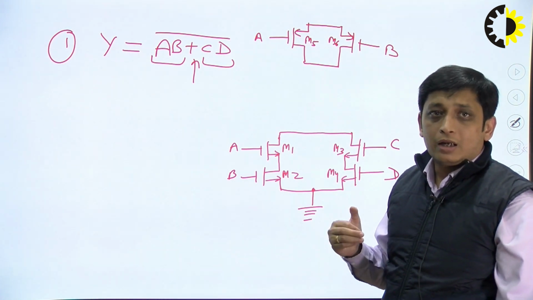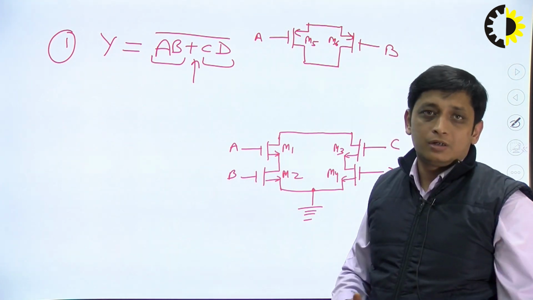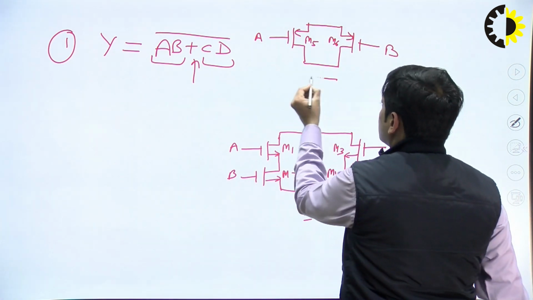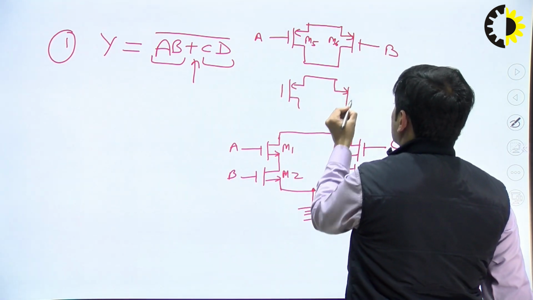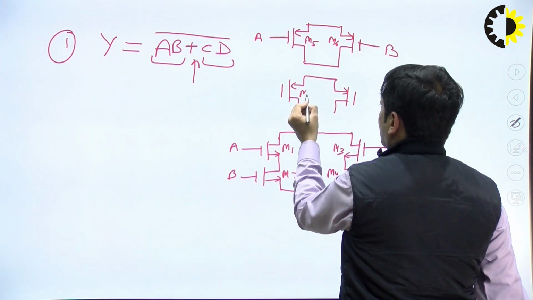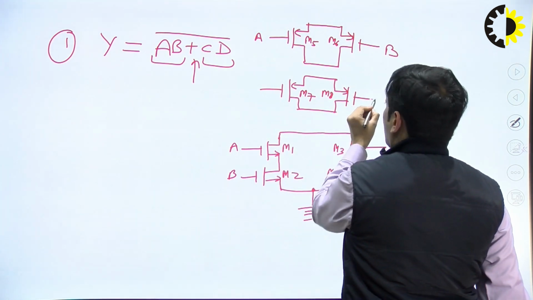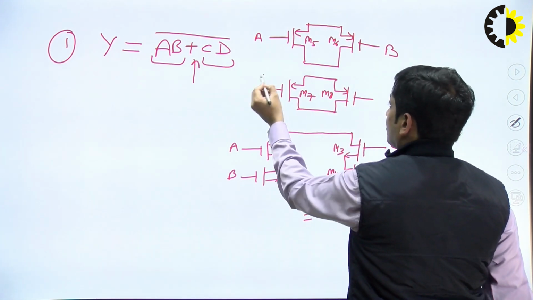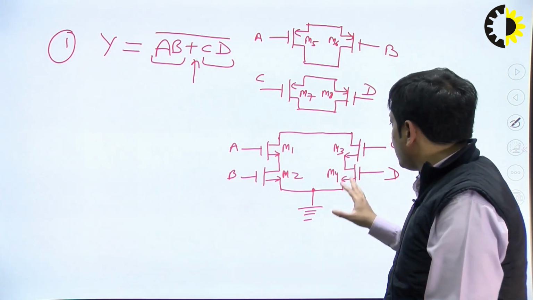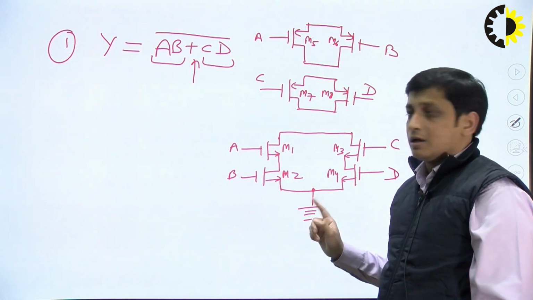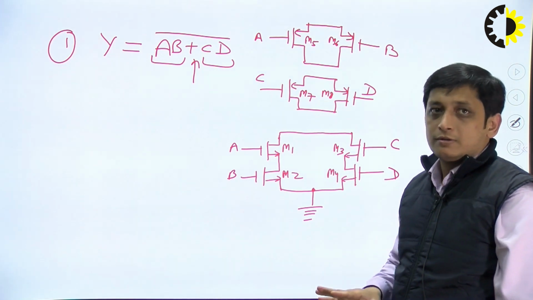So those two PMOS transistors, let's say M7 and M8, will be in parallel, and the inputs of M7 and M8 at the gate will be C and D. So you can see that in the pull down network, M3 and M4 are in series, and in pull up, M7 and M8 are in parallel. Those are PMOS transistors.